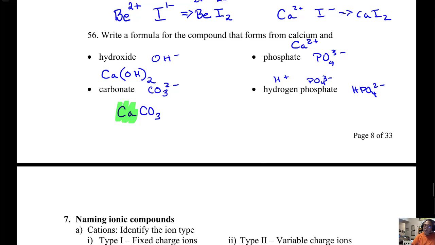So it's a little bit harder because we didn't put the parentheses around it. Now, for hydrogen phosphate, it's a little trickier, right? But it's not that tricky because there's a 2 minus and calcium's a 2 plus. So I can really just jam the two together and I'll get CaHPO4 like that. And again, it's another one of those ones that's trickier to look at because we don't have the parentheses.